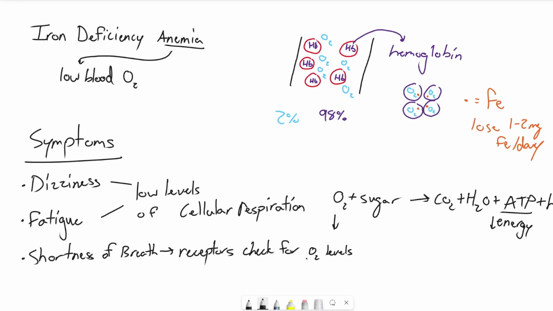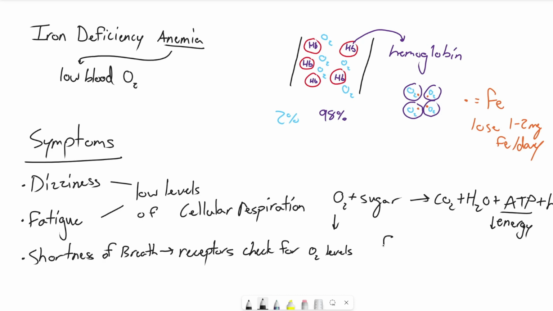So if we have low O2, our bodies have receptors that can tell, hey, this reaction is not proceeding. We need higher oxygen. So we increase our rate of breathing. So shortness of breath, we aren't able to get a full breath in. We keep breathing because we're trying to compensate for the lack of oxygen that we actually have. In this chronic level of low hemoglobin, we don't have enough oxygen in our blood.